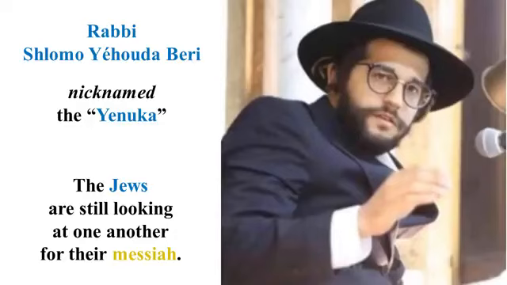Yeshua HaMashiach. Here's a very modern guy, Rabbi Shlomo Yehuda Berry. He's got a nickname, Yanuka. And there's a lot of stir about him. He shows up in a car, and there's just hundreds and thousands of people around.